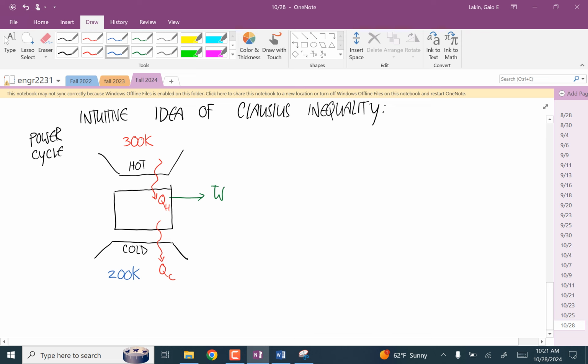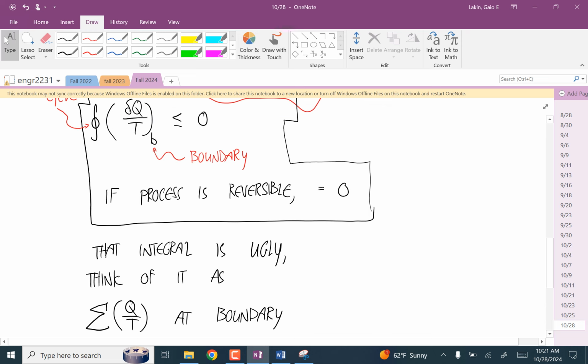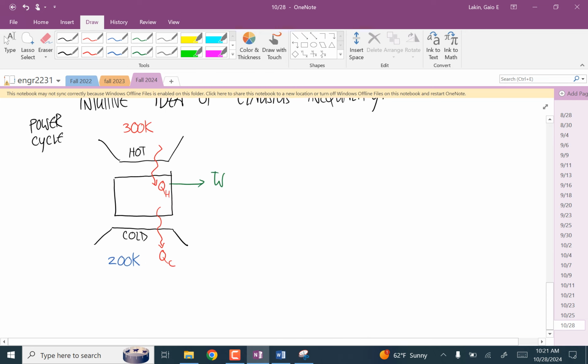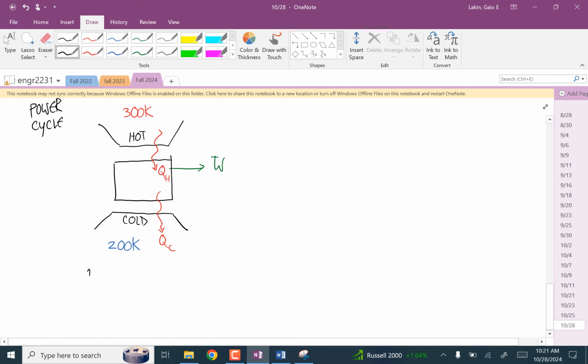Okay. And let's calculate this integral expression that we use in the Clausius inequality. So the integral of squiggly dQ over T around the whole boundary.